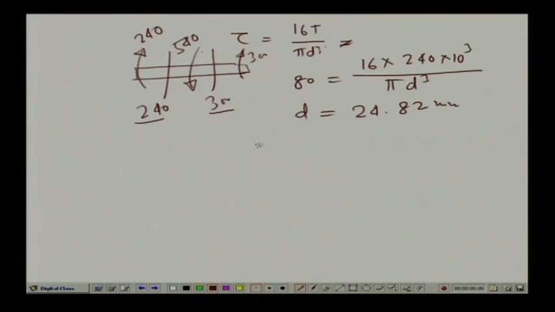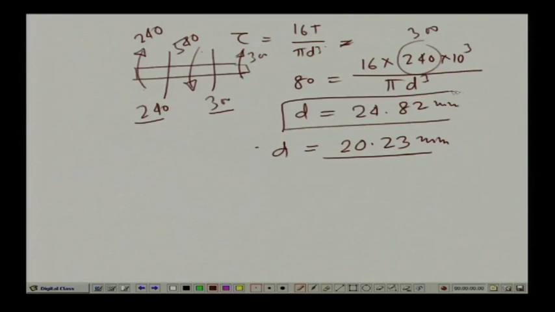From the second case, using the same expression, we get d as 20.23 millimeter. The only difference here is that the twisting moment is 300 Newton meter in place of 240. So these are the two diameters we have, and the highest of these two will be the governing diameter.